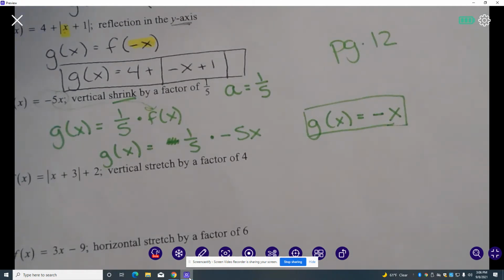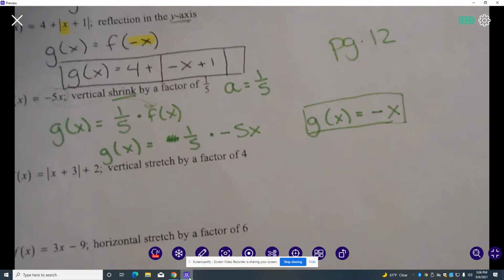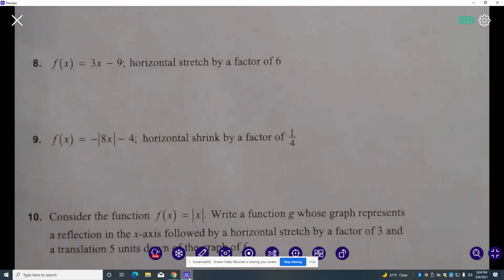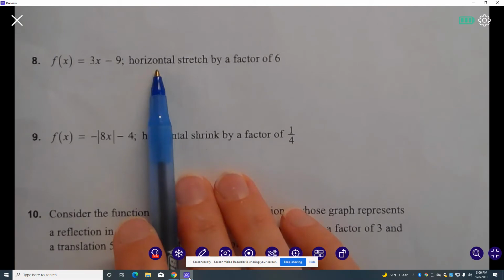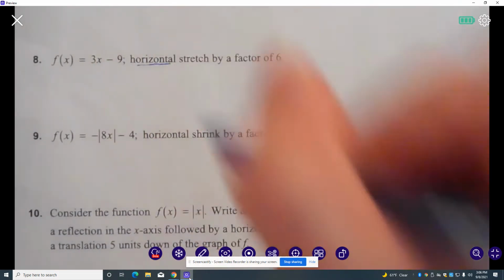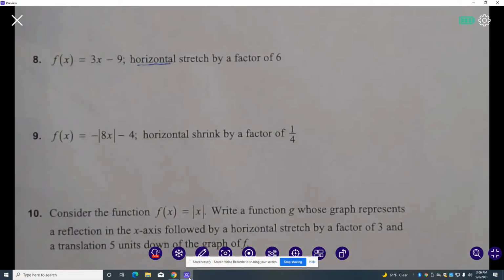We're going to skip number 7 and move on to number 8. Number 8, our function f of x is equal to 3x minus 9, and we need to write a new function that takes this function and does a horizontal stretch by a factor of 6. Remember, anything with horizontal is kind of opposite what we would think.